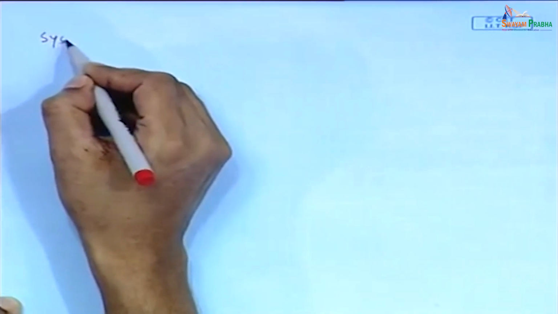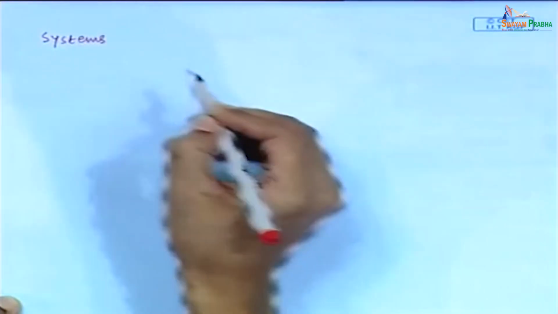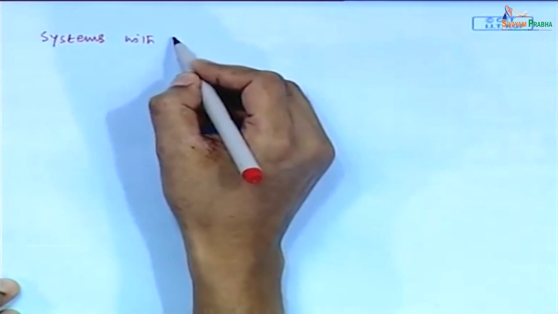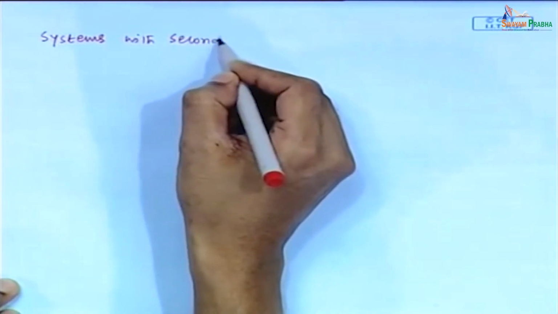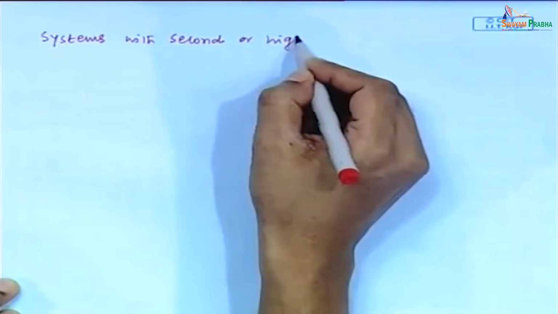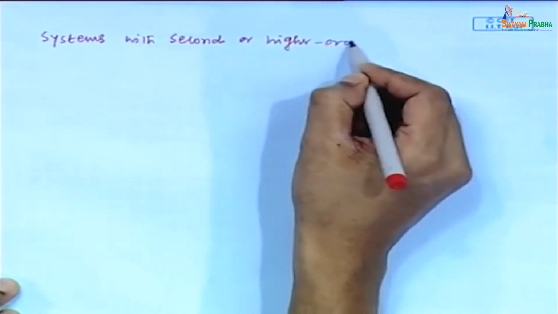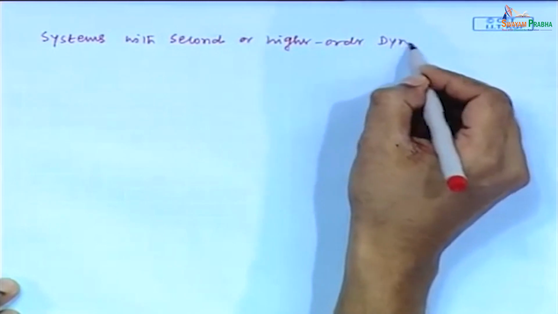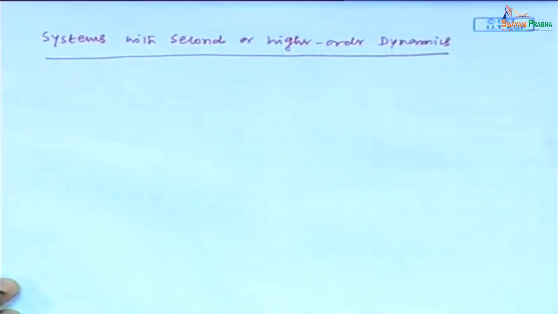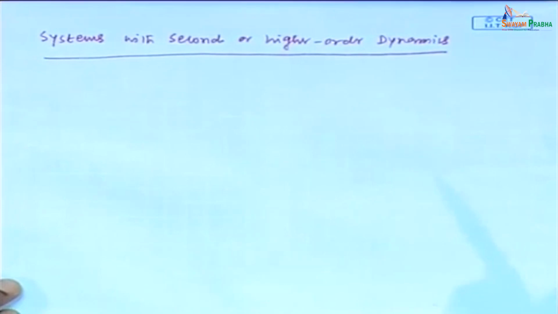So, we will discuss now the systems with second or higher order dynamics. How can we obtain the second or higher order dynamics? That we will discuss now.